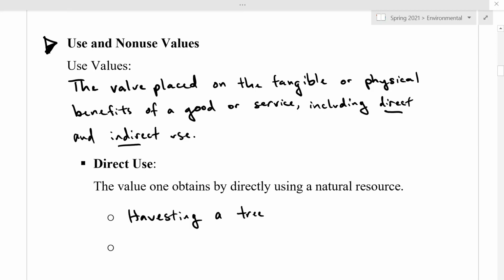Or something that's still direct, although it may seem a little bit less so, visiting a national park. A national park has a lot of outdoor recreational opportunities. If we are directly hiking or taking pictures or viewing wildlife, we are directly using that natural resource.